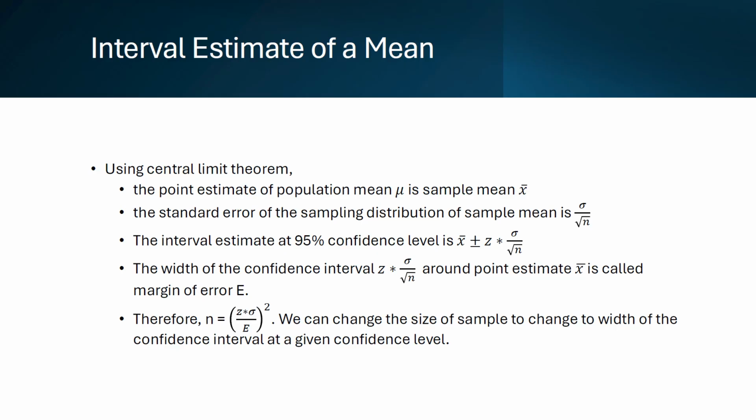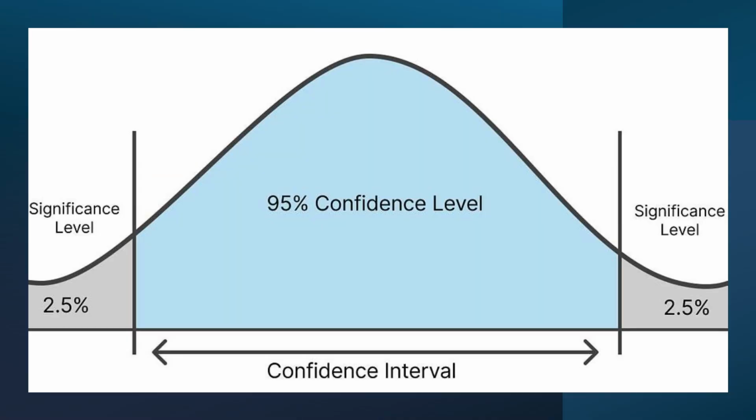Similarly, we can apply this to the proportion also. So population proportion P is estimated by the sample proportion P hat, the estimated value of the population parameter.